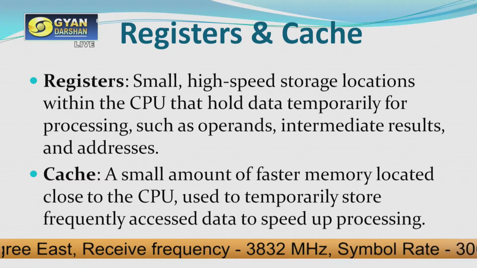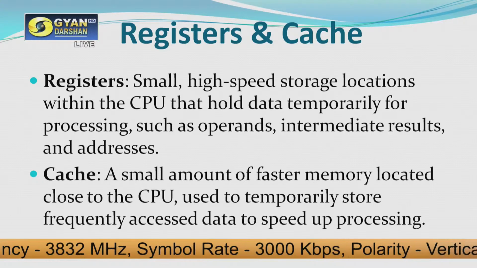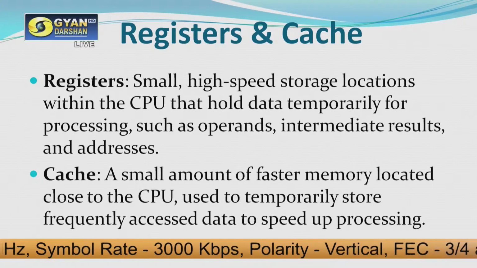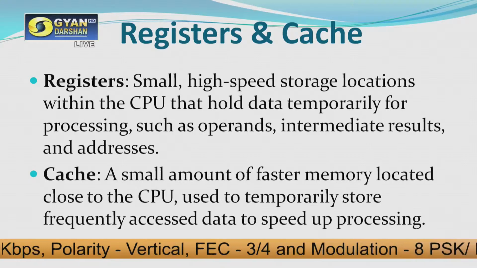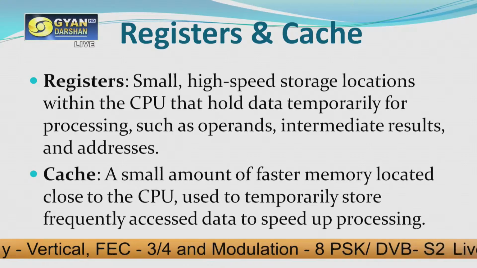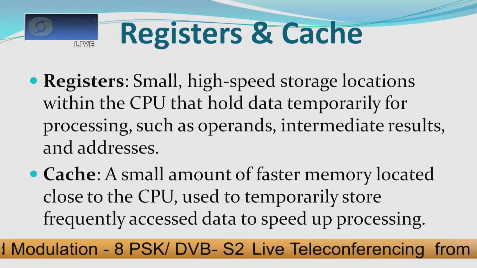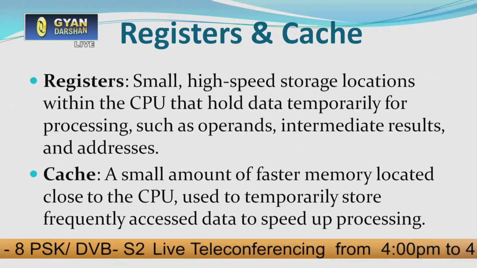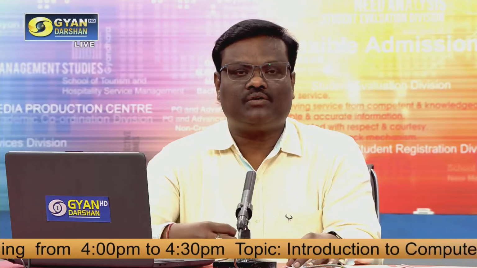And then coming to the cache, this is nothing but a small amount of faster memory which is placed nearer to the CPU. This is also once again a kind of temporary arrangement, wherein suppose a program has similar instructions in which it is referring to the same address or the same data very frequently, then the control should not be going from the CPU to the memory location.